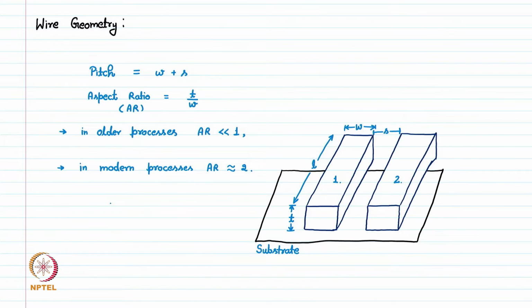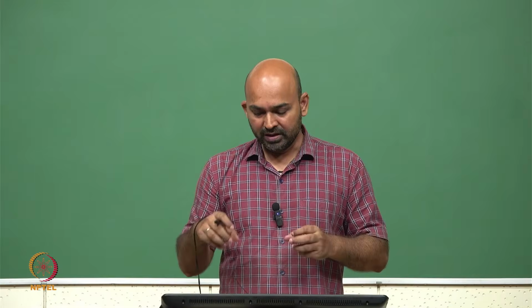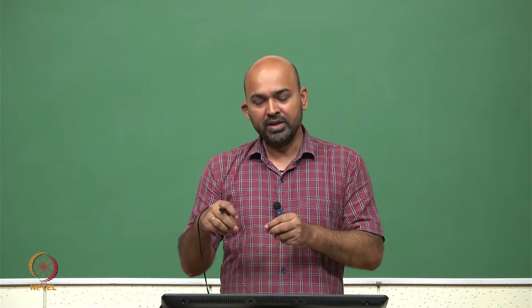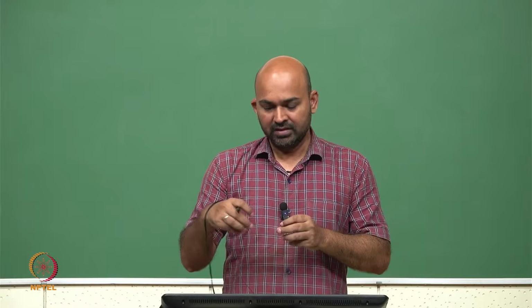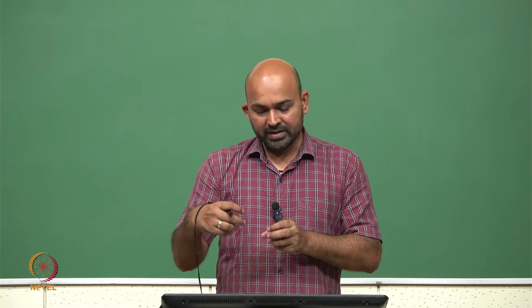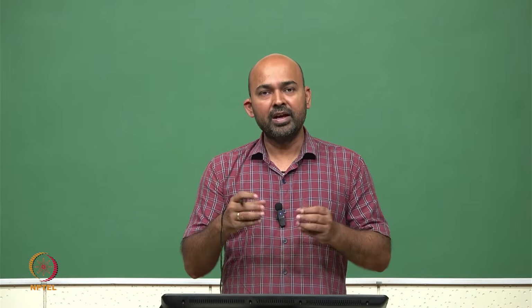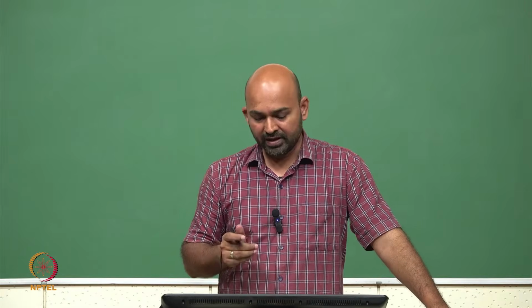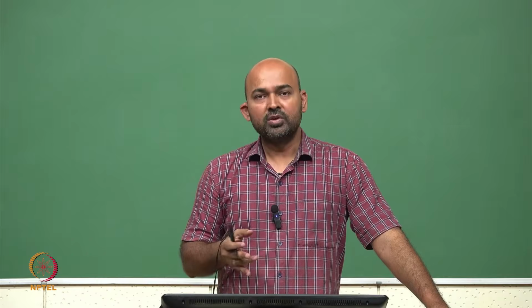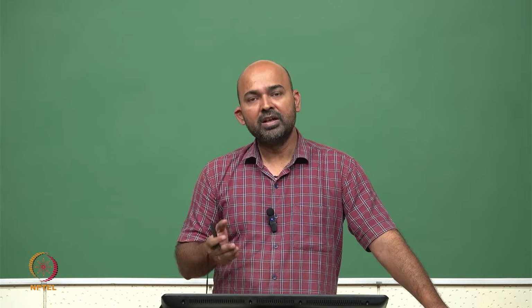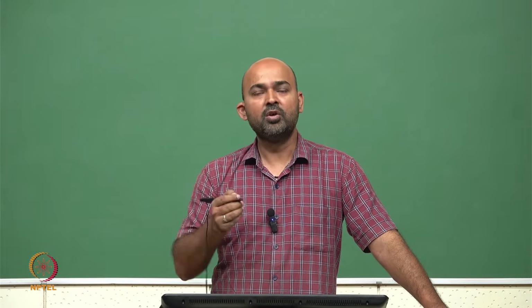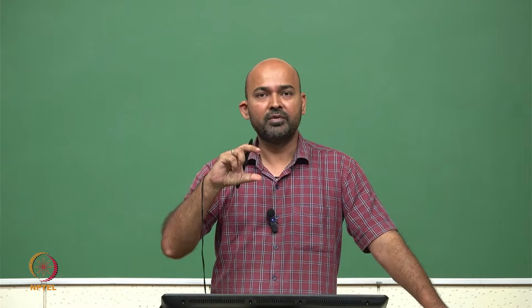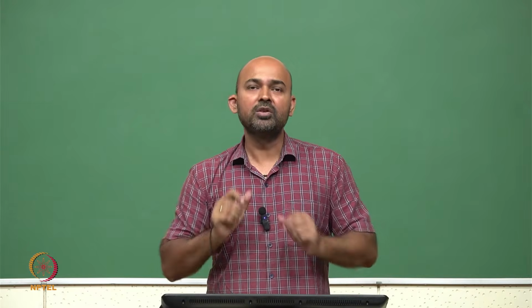We have two wires running parallel to each other. What is the thickness of the wire, and the spacing in between? If we add the width and the spacing together, that is called the pitch of the wire. And the aspect ratio is one important parameter, where aspect ratio is T over W, the thickness of the wire divided by the width of the wire.